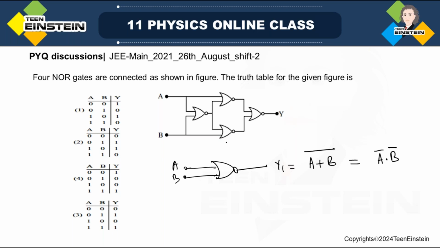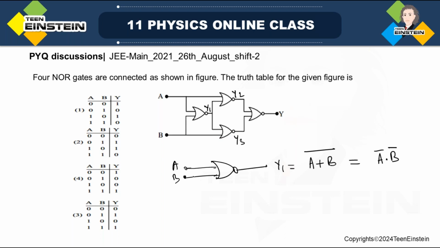So with this concept, let us try to write down the output of this one. Let us say this output is Y1, this is Y2, this is Y3, and this is the final Y. So Y1 will be like this, isn't it? Then what about Y2?